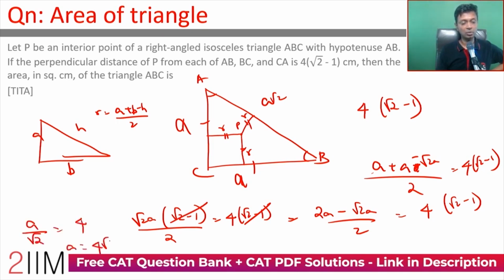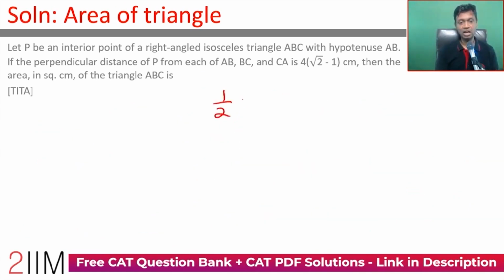A is 4 root 2. So this side is 4 root 2. This side is 4 root 2. Area in square centimeters of the triangle ABC is half into 4 root 2 into 4 root 2. Root 2 into root 2 is 2. That disappears. We're talking about 16 square centimeters.